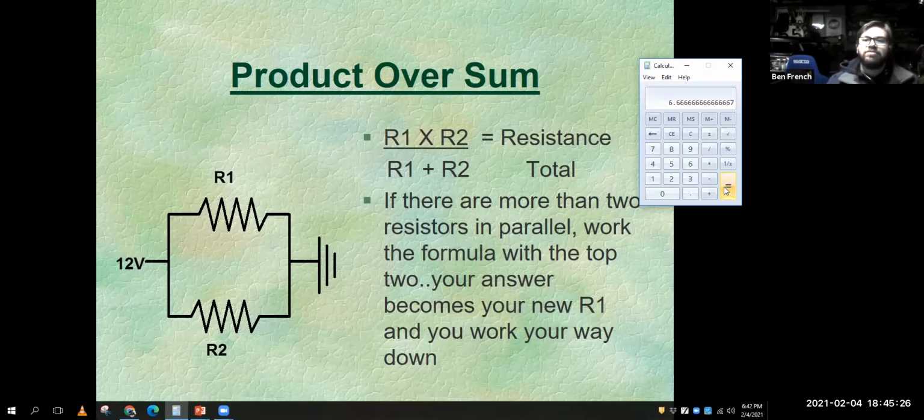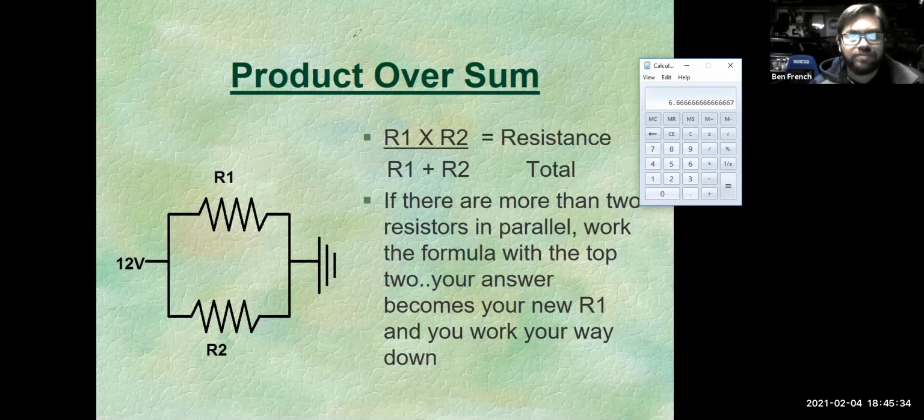Let me write some of this down here. I'll get my pen going, change the color. So my answer is 6.66. We'll put 6.7. I don't like having three 6s on there. 6.67 ohms.